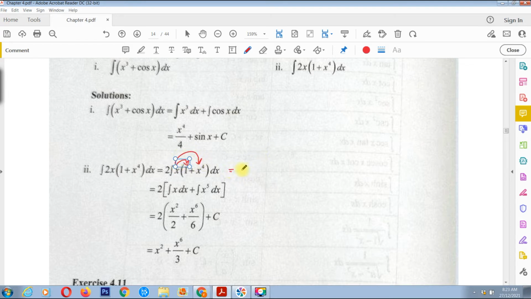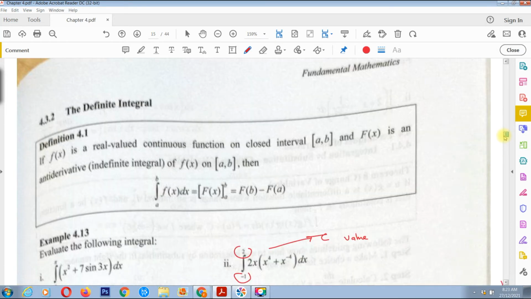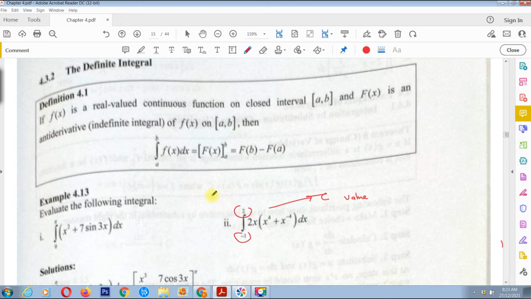So we will have 2 integrate x plus x to the power of 5 bracket dx, and then we separate x and x to the power of 5, simplify, and then we get this. Definite integral means we have a value in this integral, so that we can find the c value.